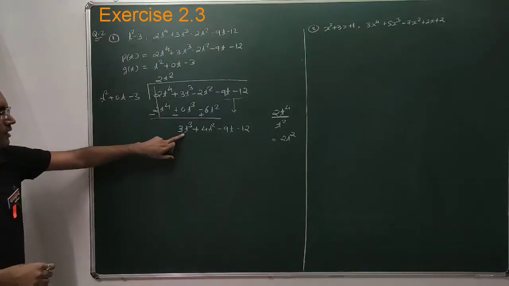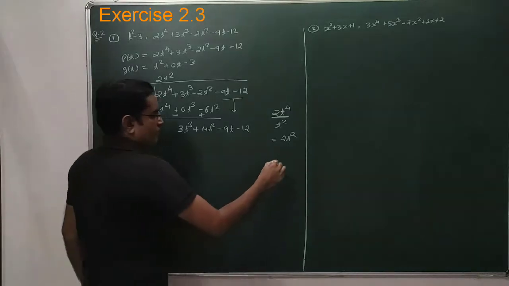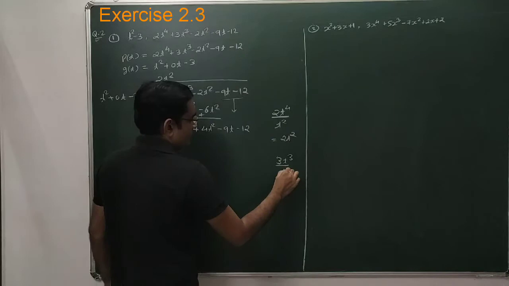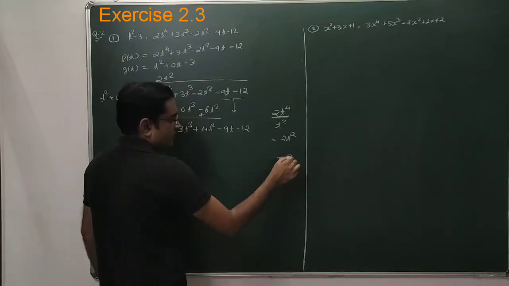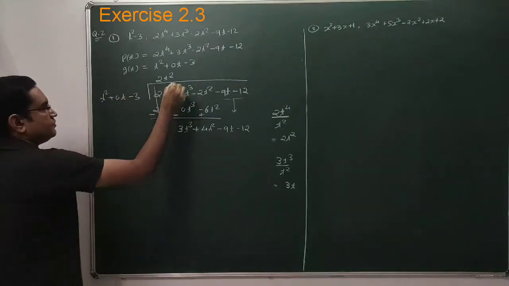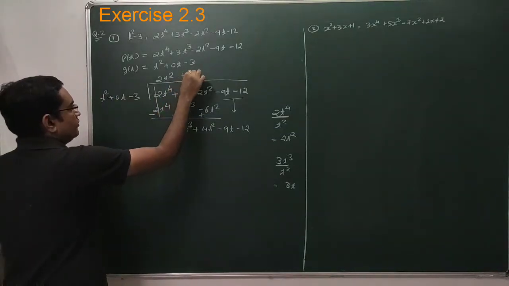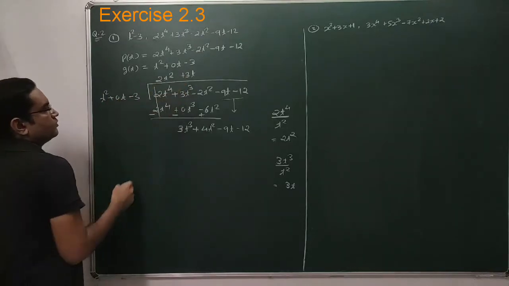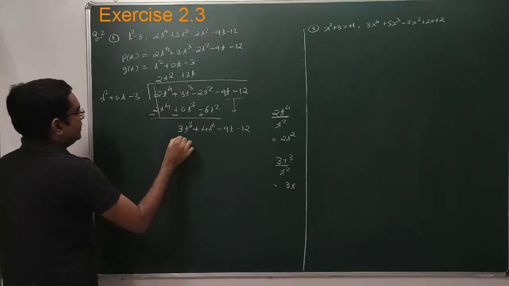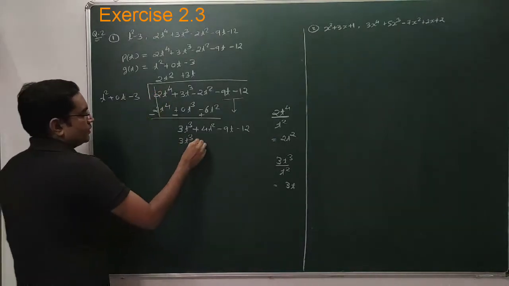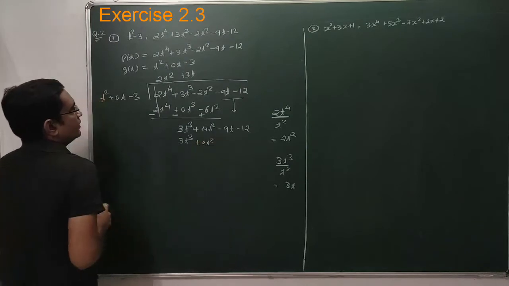Again, you have to divide this 3t cube by this t square. So 3t cube by t square, power will be subtracted. So this is nothing but 3t. So now you have to write 3t over here. Multiply all these three terms with this 3t. So t square into 3t, which is 3t cube. 0t into 3t is 0t square.